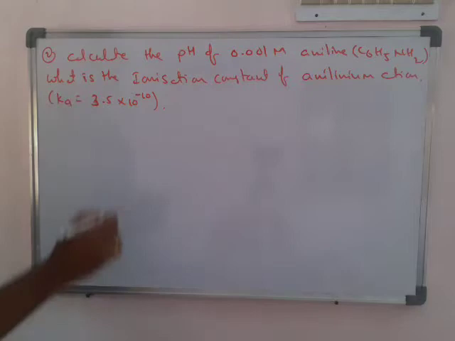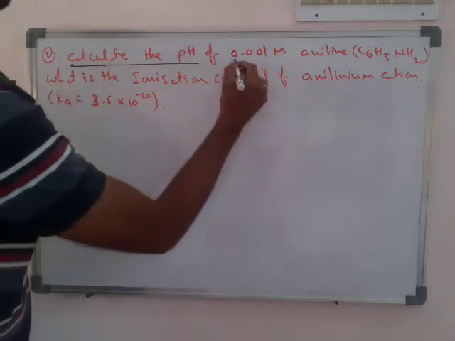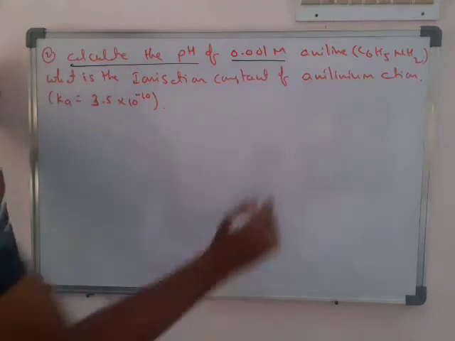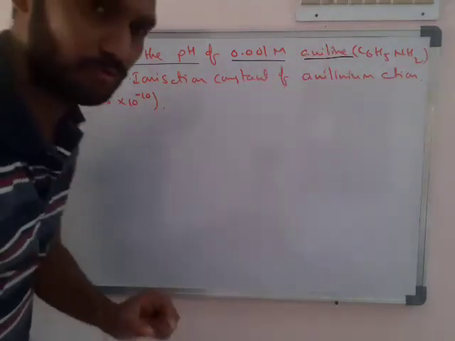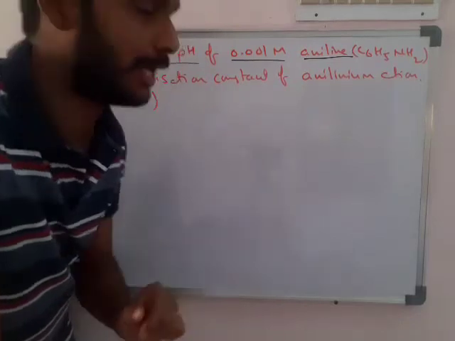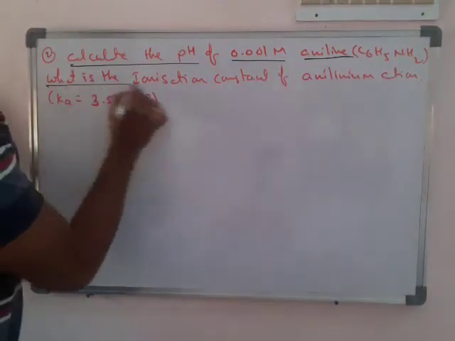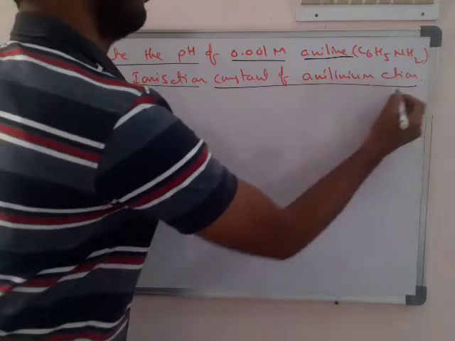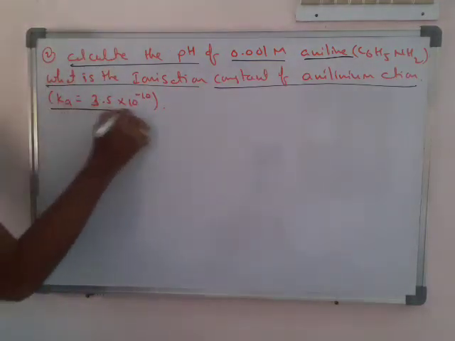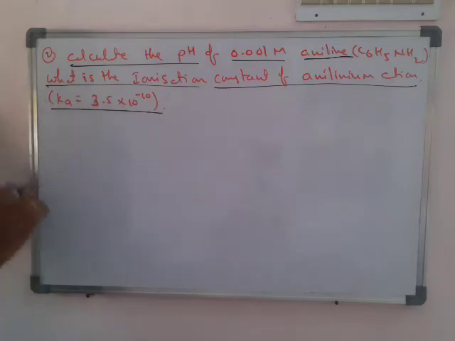So here we have to find the pH of the 0.001 M aniline solution, and the ionization constant of the anilinium cation is given for the acid as 3.5 into 10 to the power of minus 10.